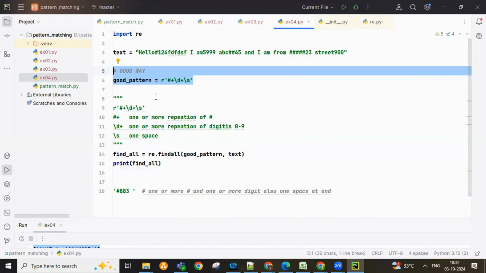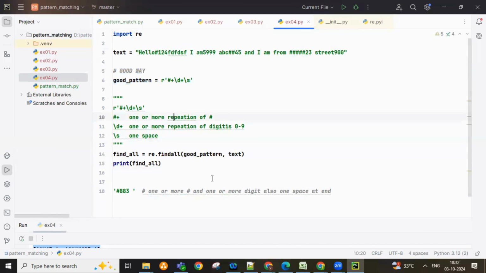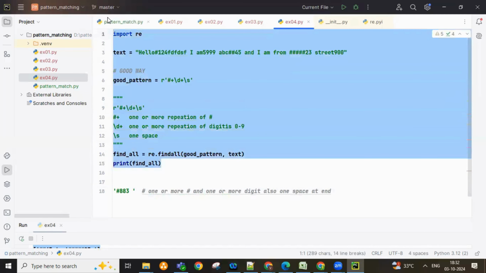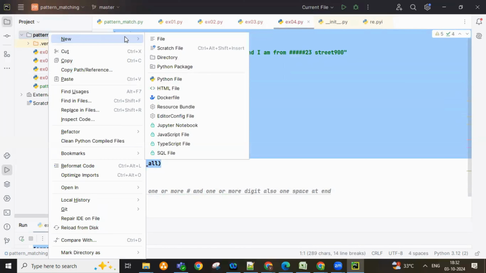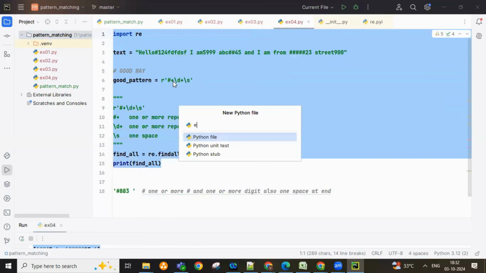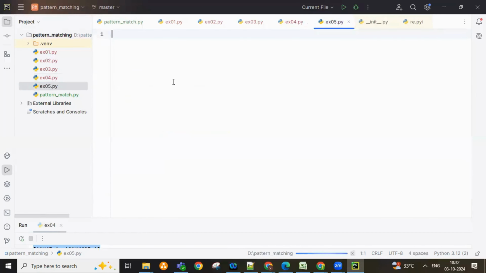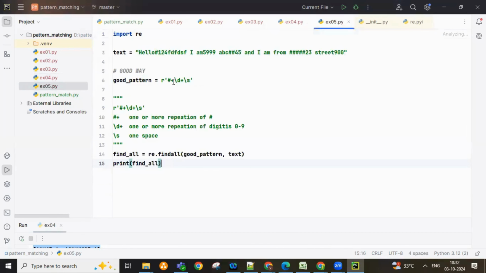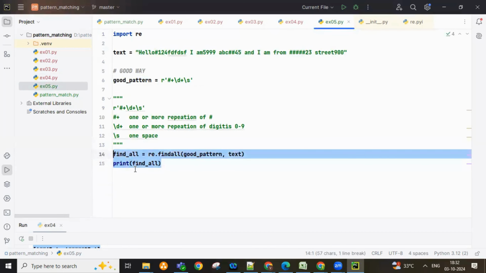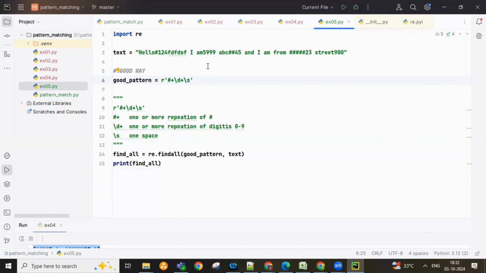Now, I think I can capture this as well completely. In the same example, if I go back here, example 05. This pattern is matching with this.